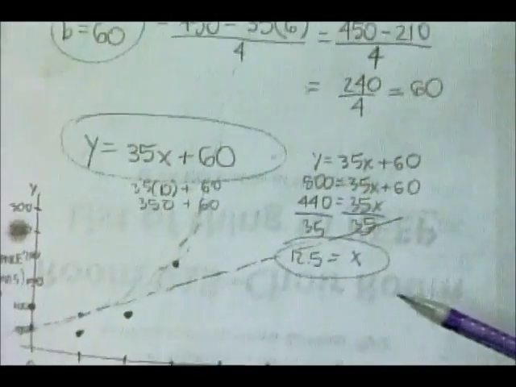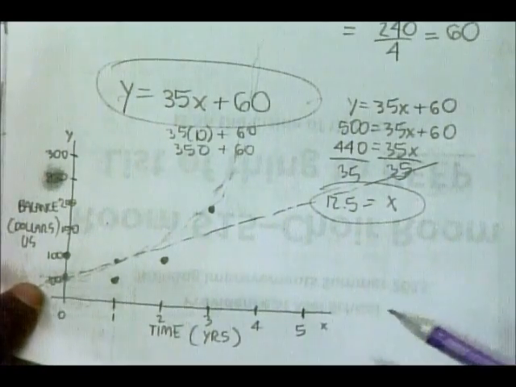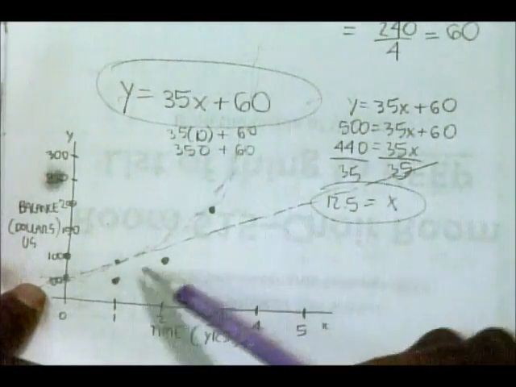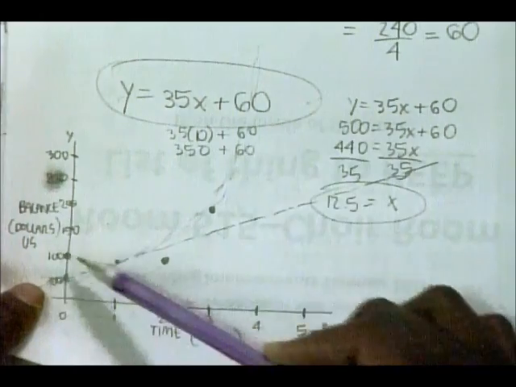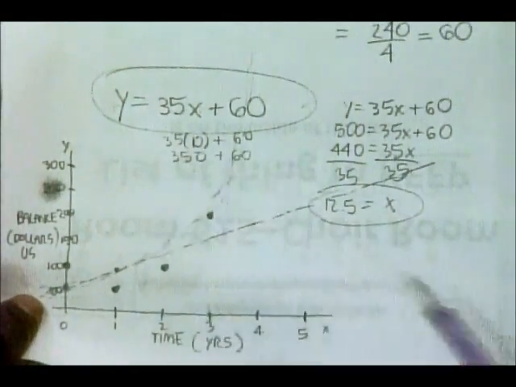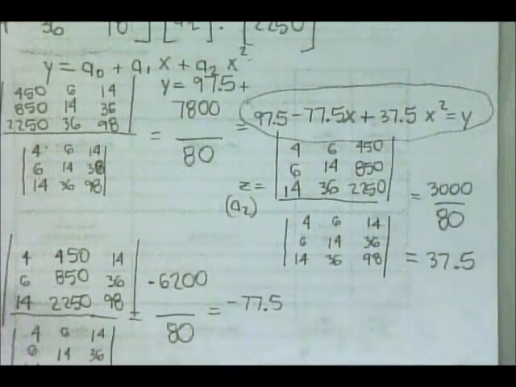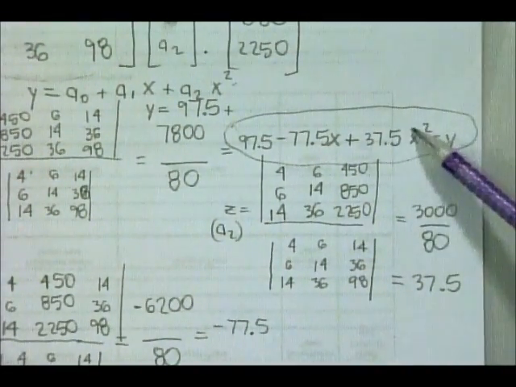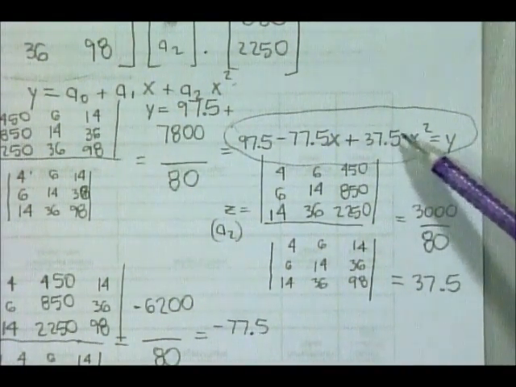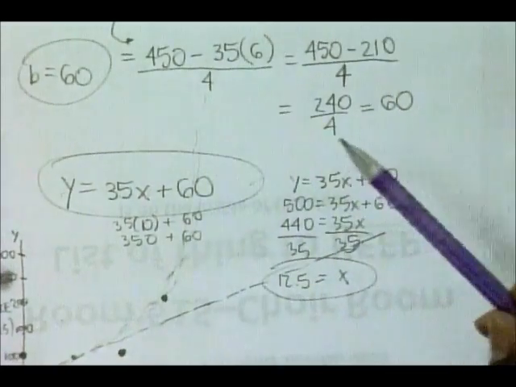You could predict how much money you could have 5 years from now, 10 years from now, assuming more of a parabolic relationship. We're not going to do the examples like we did here with a linear regression, but I'm hopeful that you understand what I am saying. So this is a parabolic regression line right here, and we have a linear regression line right here. That's about all we have time for.